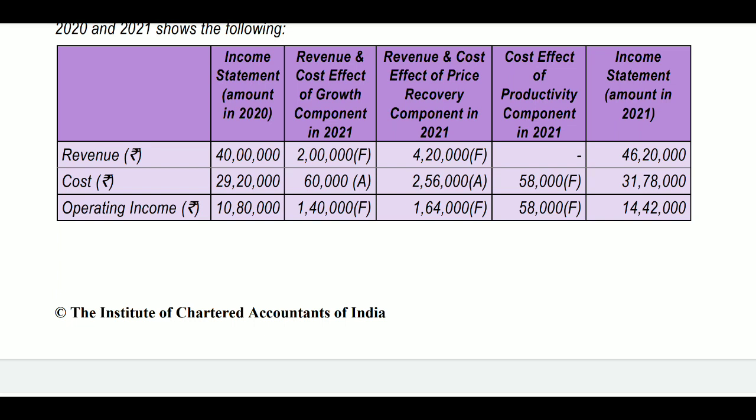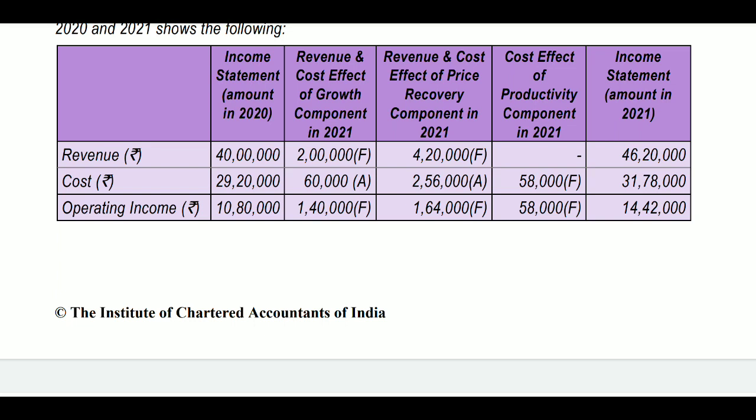After that, they provided the cost effectivity of productivity components. Last year it was not there, so operating income 58,000. We will take directly 58,000 only. And next, this amount will be 1 lakh 40 into 8,000 boxes divided by 20,000, that is related to market share.